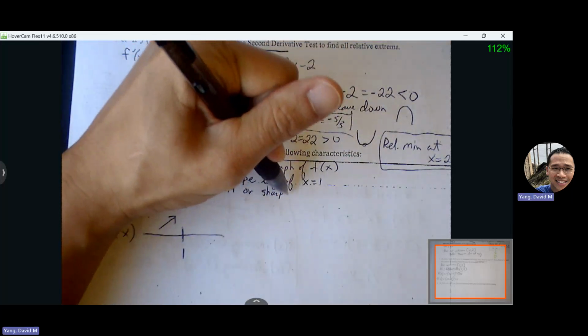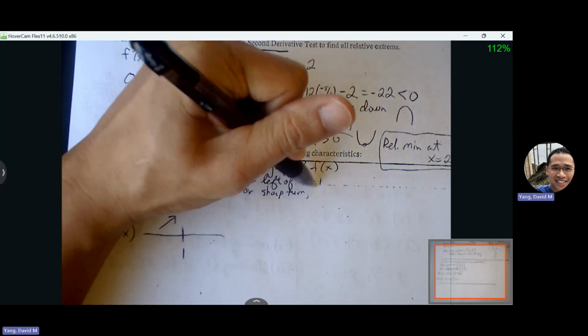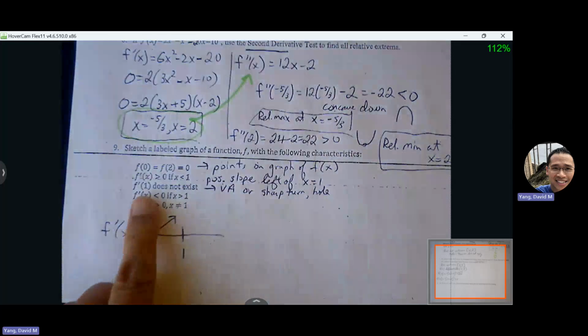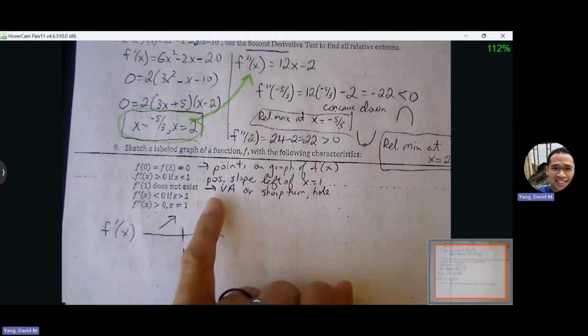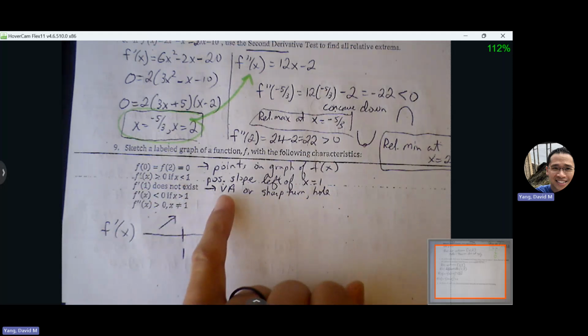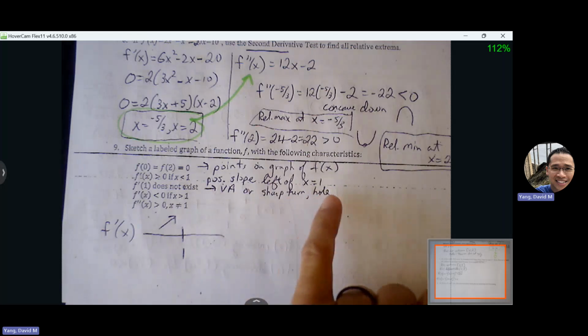Right. But yeah, you're right. It can also be a hole. So if it says the slope doesn't exist, it could be because the point does exist, but the slope doesn't exist. Or it could mean the point doesn't even exist at all, and that's why the slope doesn't exist. So it's kind of a vague statement, but we can interpret however we want. It could be a vertical asymptote, it could be a sharp turn, it could be a hole.